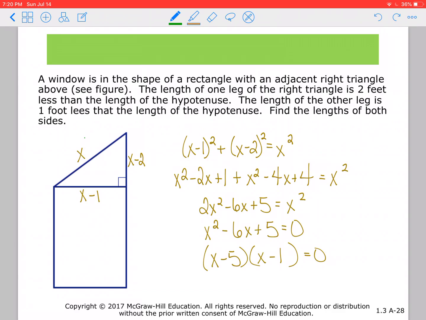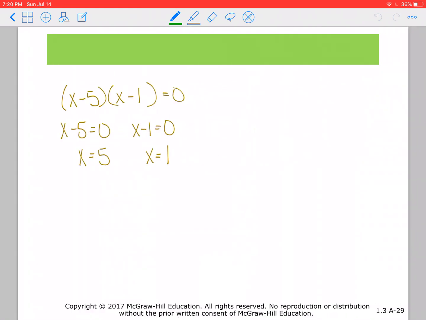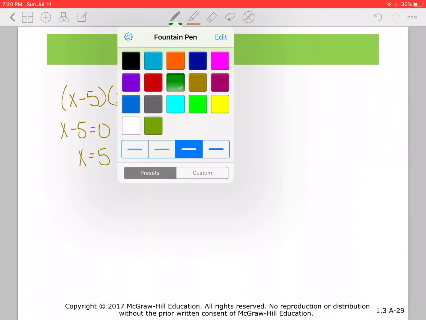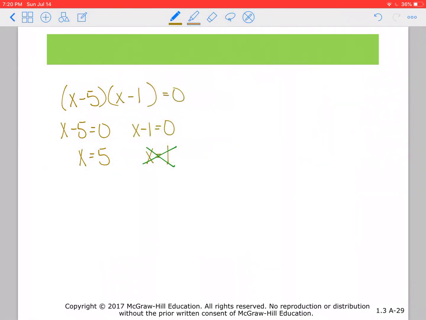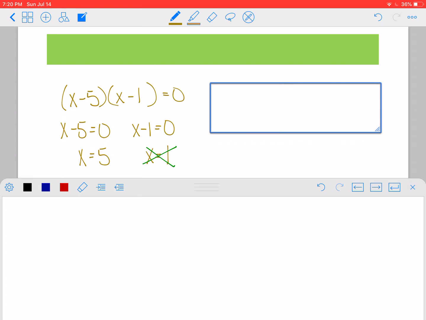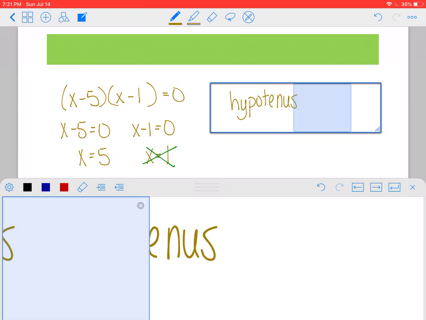What if the hypotenuse is 1? 1 minus 2 is negative 1, and 1 minus 1 is 0. We can't have sides that are 0 or negative. So 1 is not going to work as a solution. So in this case, we know that the hypotenuse is 5 feet.